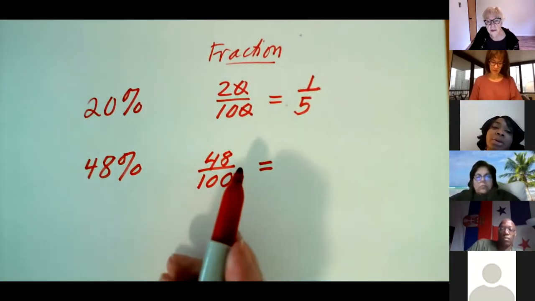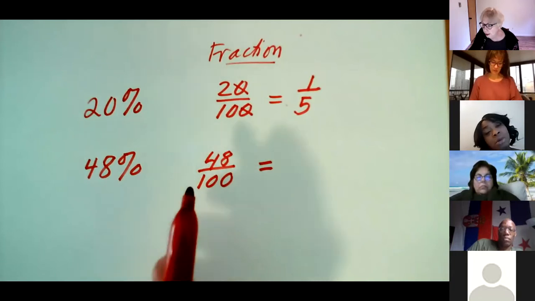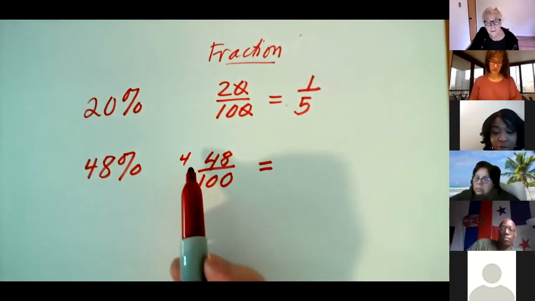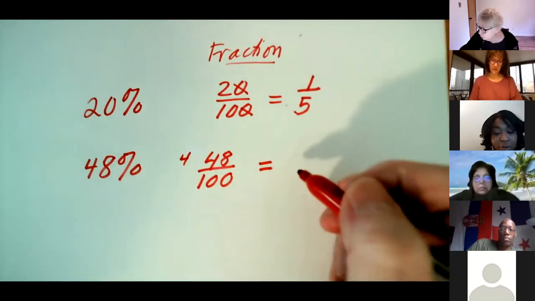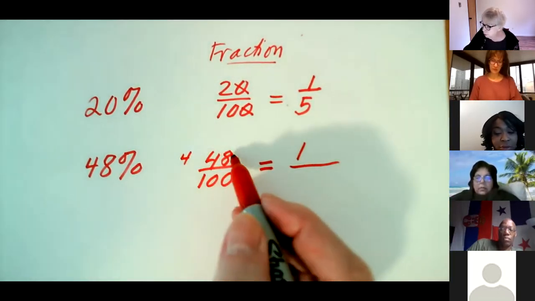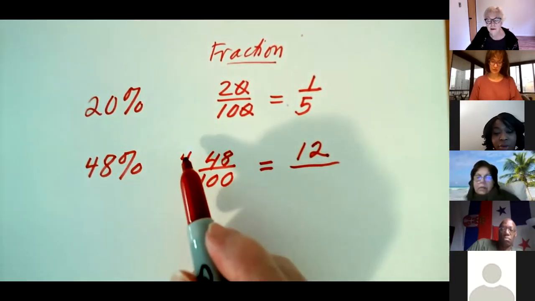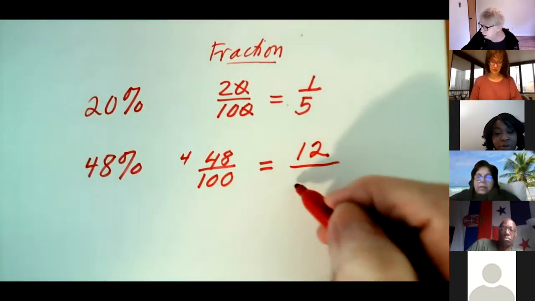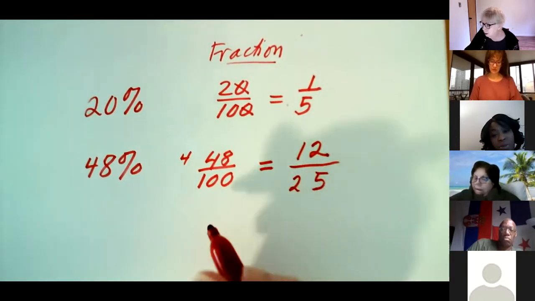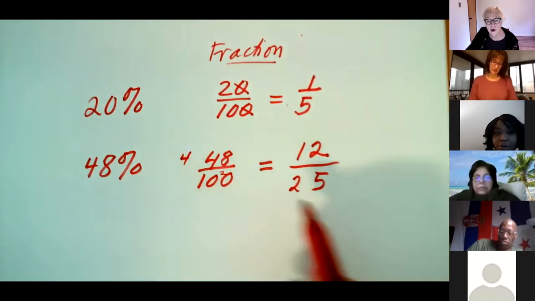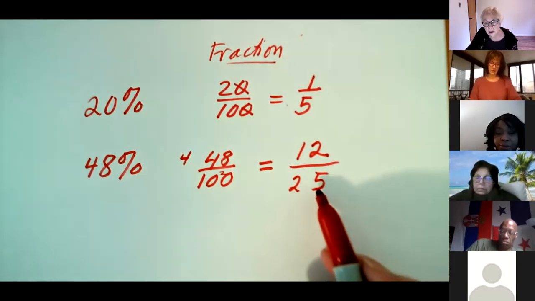So you could divide by 2, but if you look carefully, you could actually divide it by 4 and be done sooner, because 4 goes into 48 twelve times and 4 goes into 100 25 times.